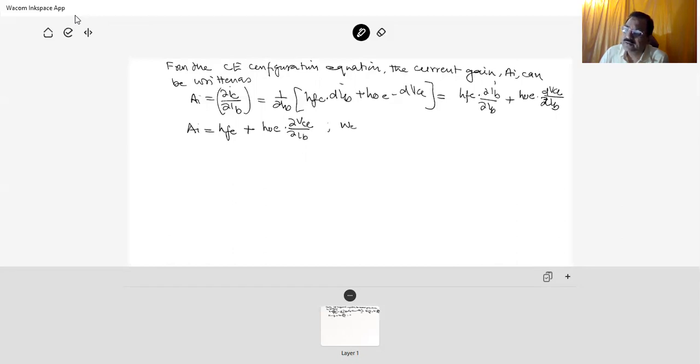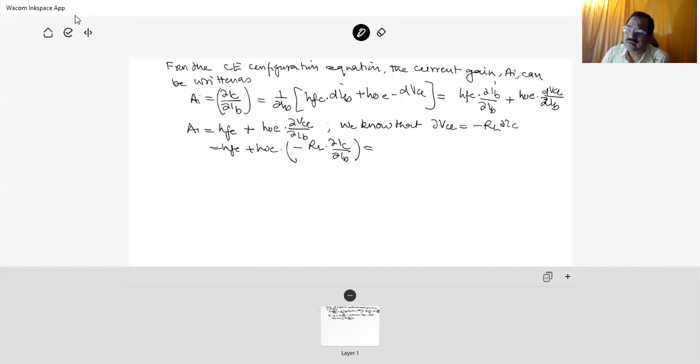We know that delta VCE is equal to minus RL into delta IC. So putting this value, we have HFE plus HOE into RL into delta IC upon delta IB.